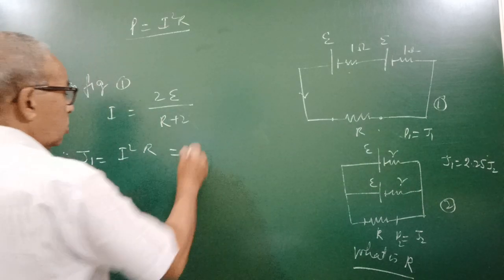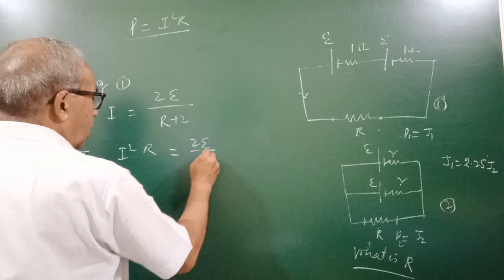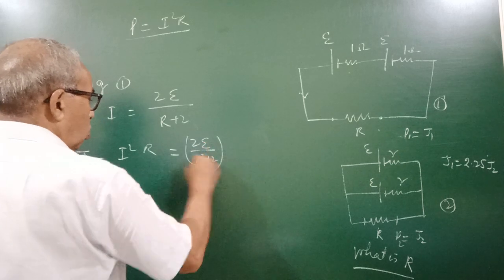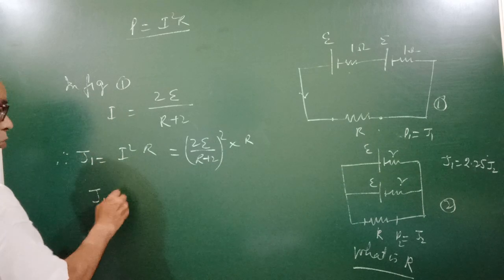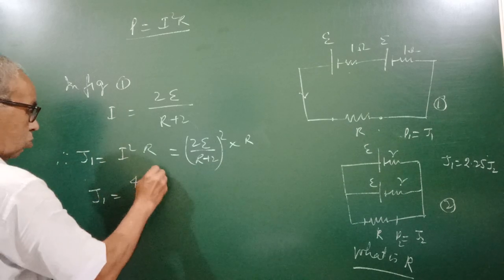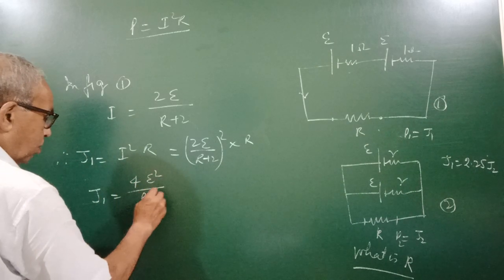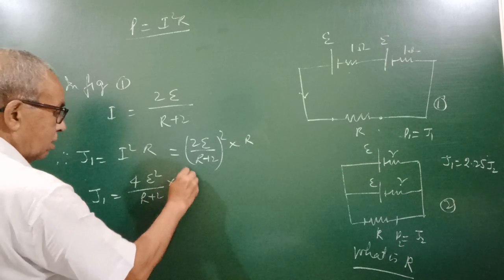I square comes 2E upon R plus 2 whole square into R. Or you can write J1 equal to 4E square upon R plus 2 whole square into R.